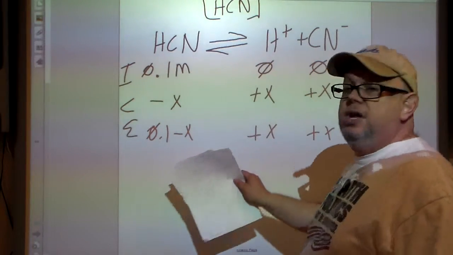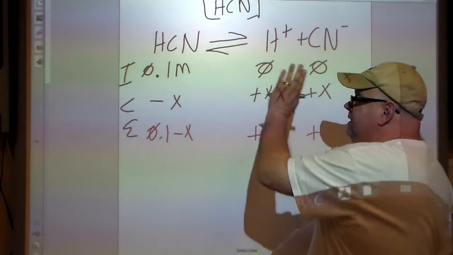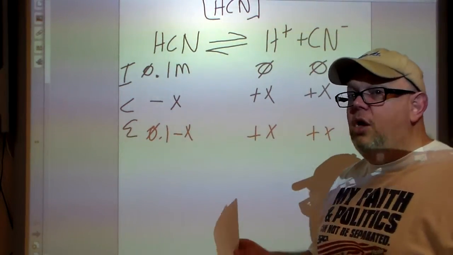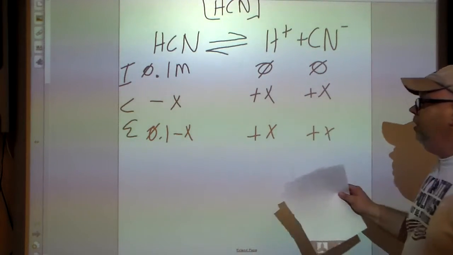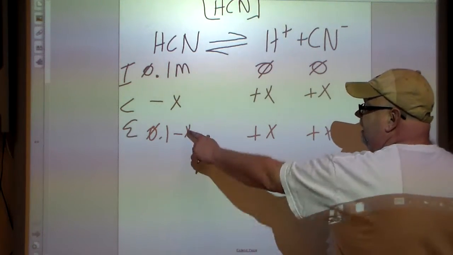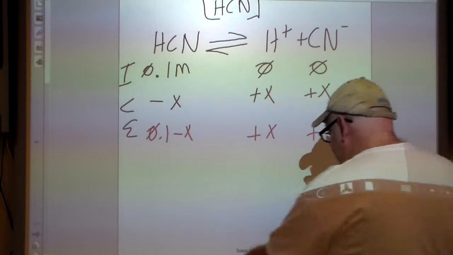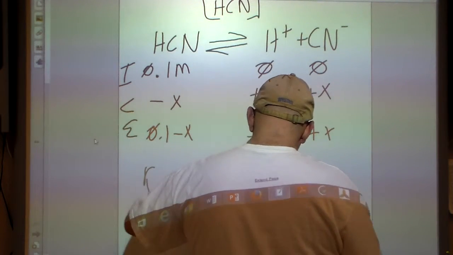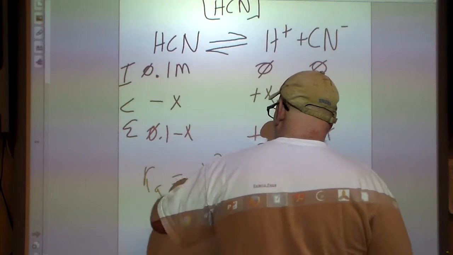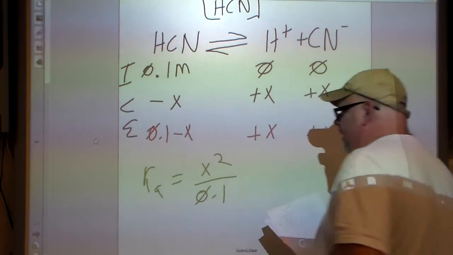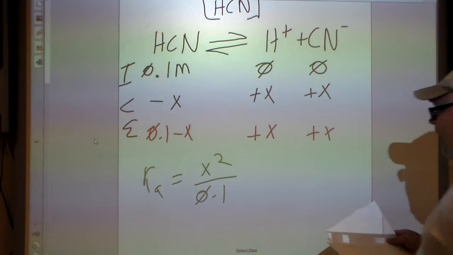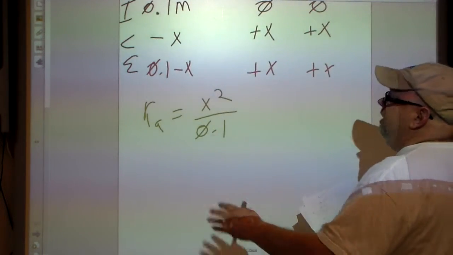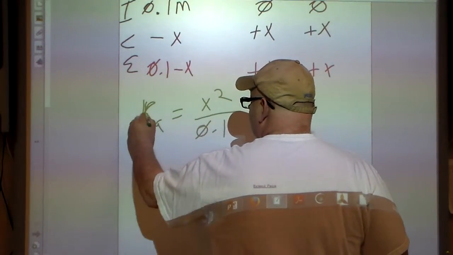Now, we're assuming it's a weak acid, it doesn't dissociate all that well with water, so we're going to assume x is very tiny, so we can eliminate it. Basically, Ka is equal to x squared over 0.1. We got the Ka from the beginning of the problem.